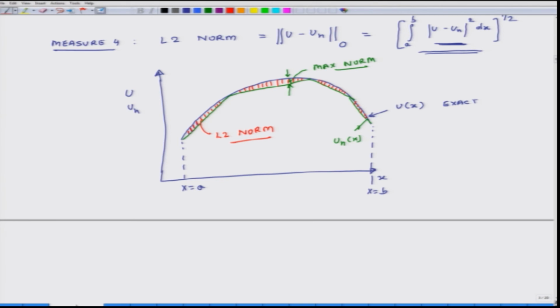So, if I add up all these red areas, that is my L2 norm, and max norm is the maximum difference which is shown here. Energy norm I cannot so easily depict on this graph. In that case, I have to plot energies and then somehow normalize it, and then I will be able to plot the energy norm. So, these are 4 different measures to quantify how accurate our solution is.